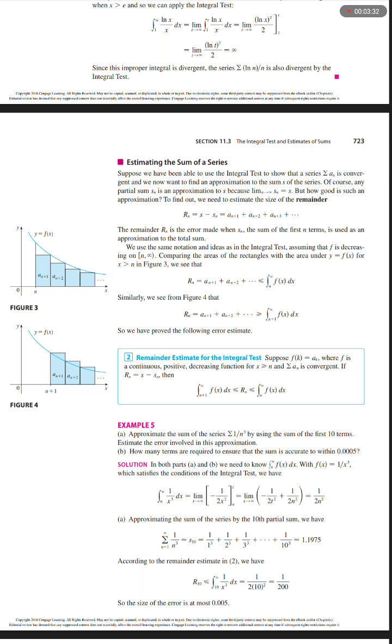If big R sub n equals s minus s sub n, then the integral from n plus 1 to infinity of f of x dx is less than or equal to big R sub n, but big R sub n is less than or equal to the integral from n to infinity of f of x dx.